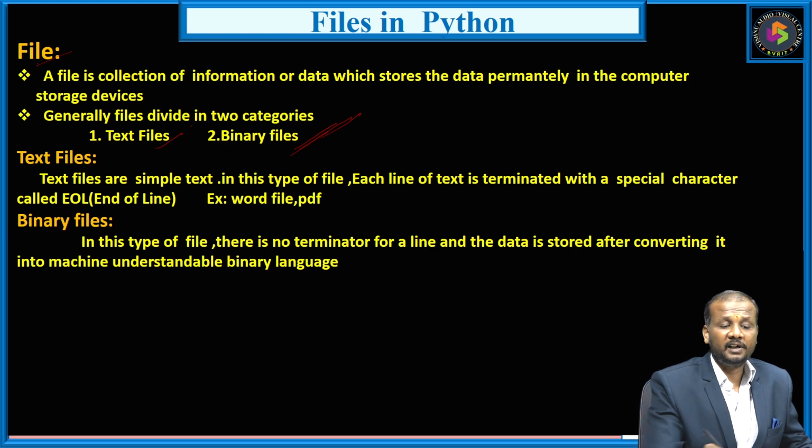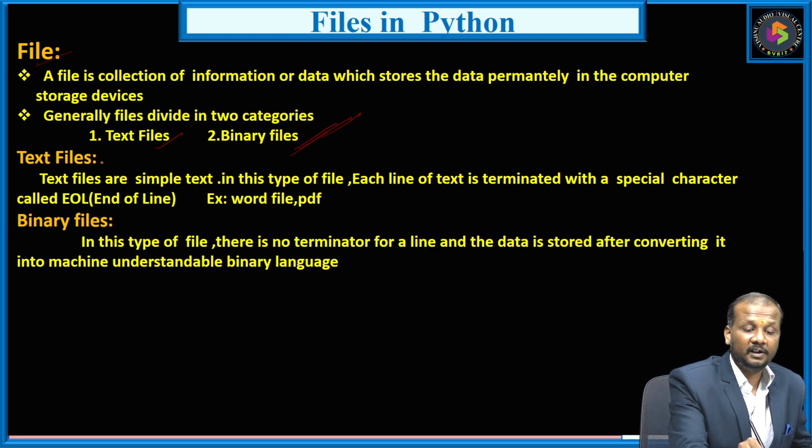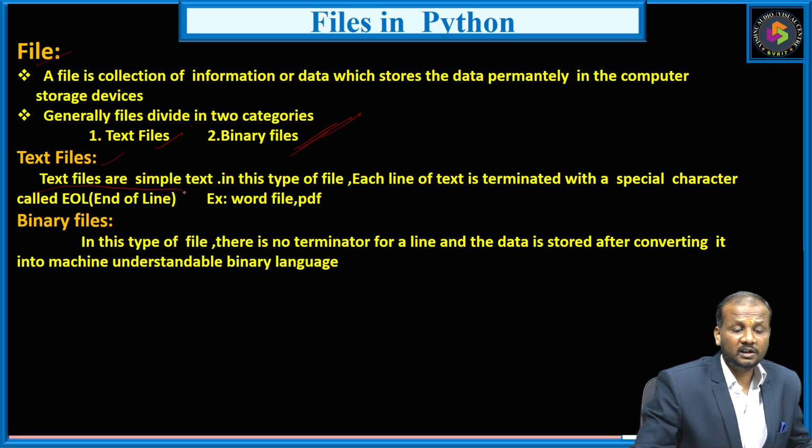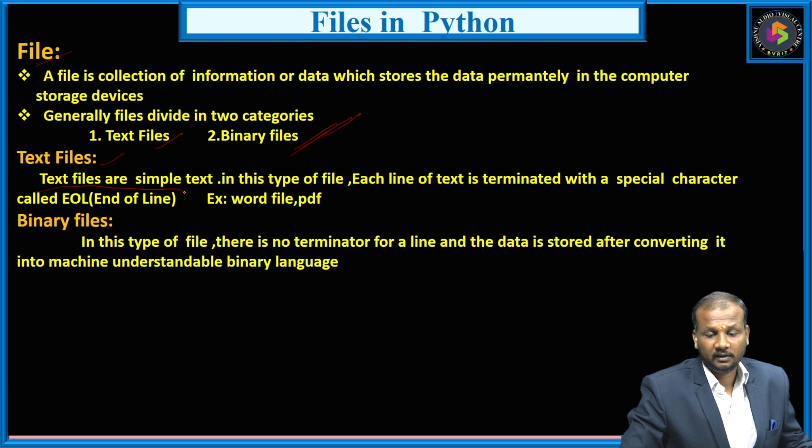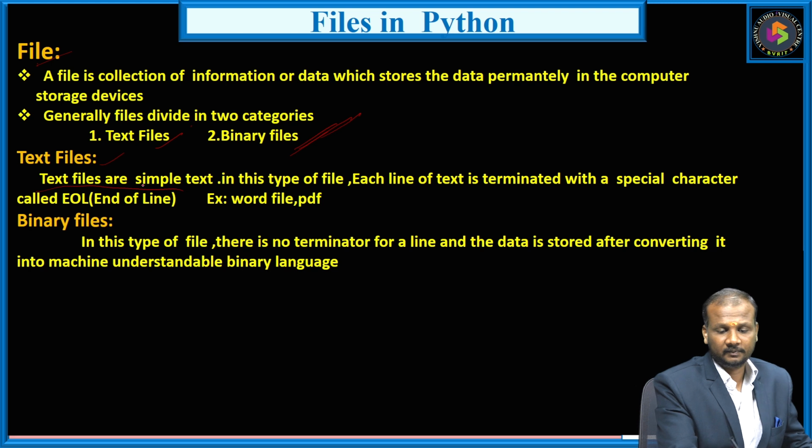The first one is text files. What is the definition of text files? Text files are simply text.